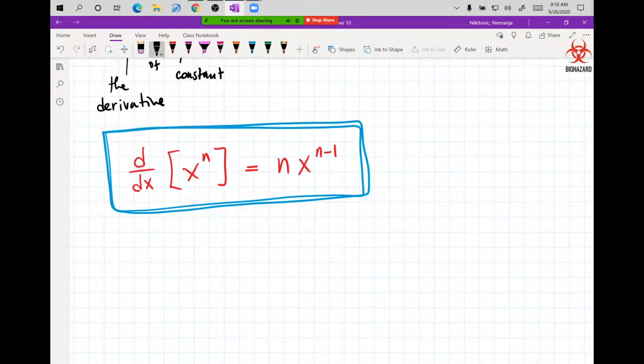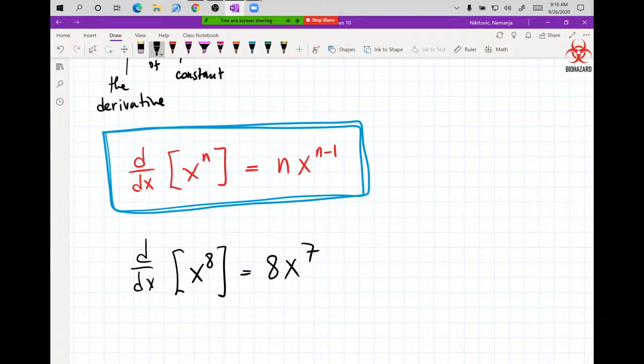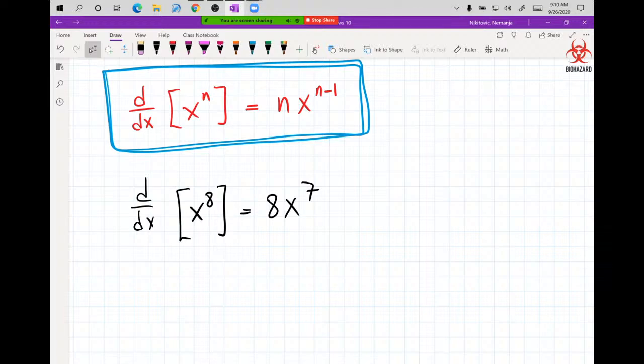So if I say, what's the derivative of x to the 8th, what would you say? 8x to the 7th. Yes, 8x to the 7th, because our n is copied, right? n is copied, and then n minus 1 is the 7. Okay, cool. And how about the derivative of the square root of x?